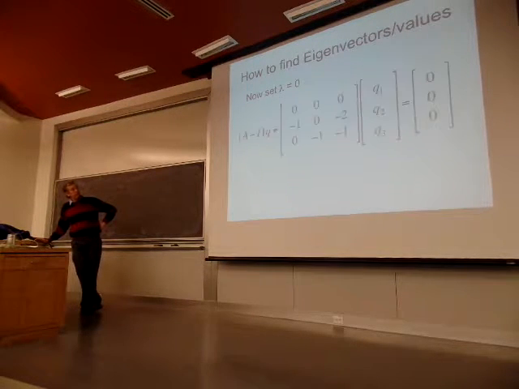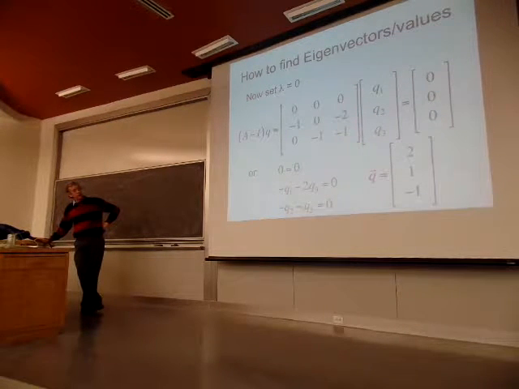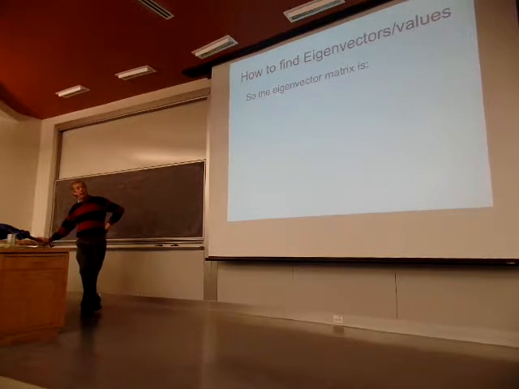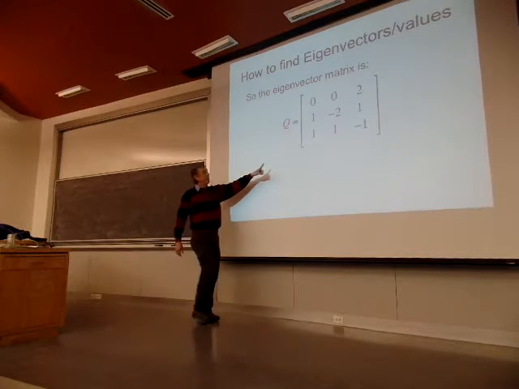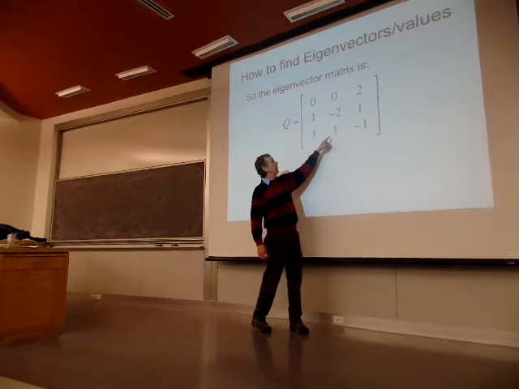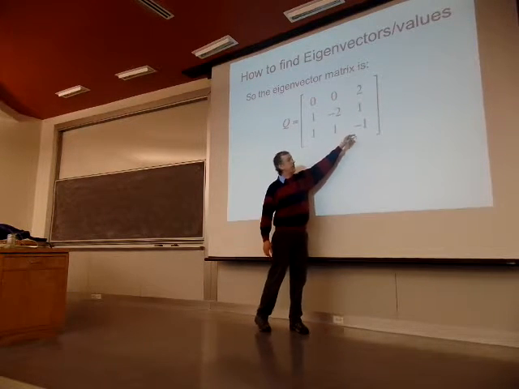And then do it for the last one. Oh, they're all zeros in this case. So my Q's 2, 1, minus 1. Okay. So my eigenvector matrix is now, here's the first one, 0, 1, 0, minus 2, 1, 2, 1, minus 1.